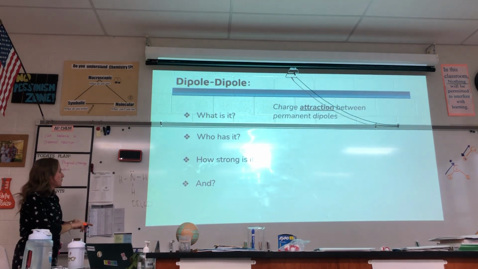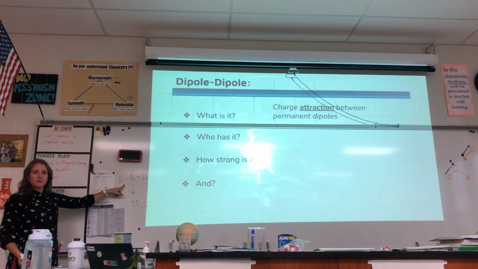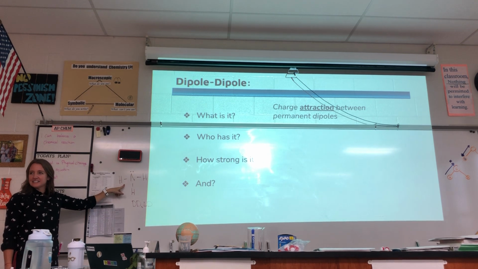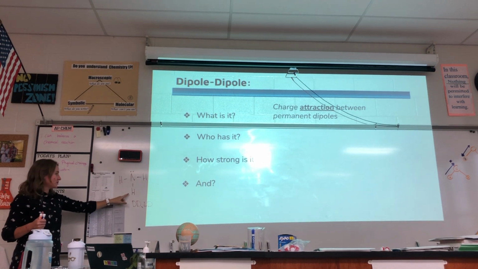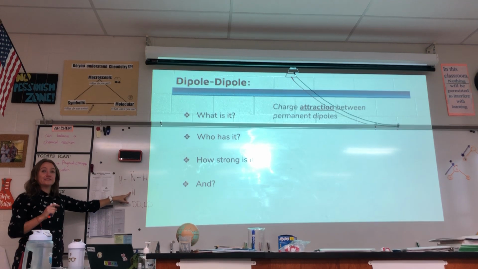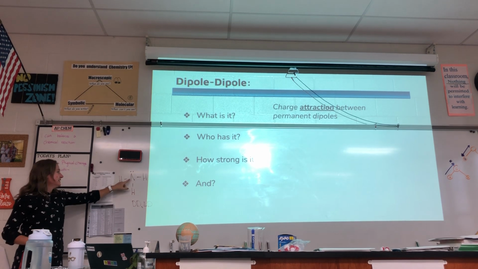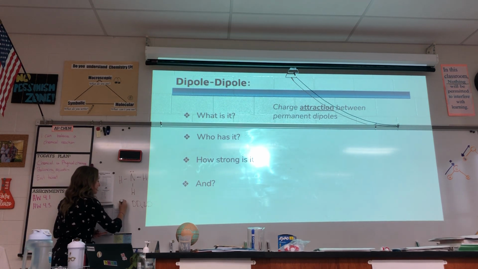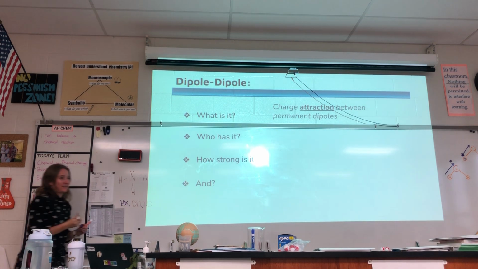Oh, let me come here really quick to our example. So NH3, to check if it has hydrogen bonding, I check to see does it have H? And is that H directly connected to N, O, or F? Yep, and so this one would also have hydrogen bonding.